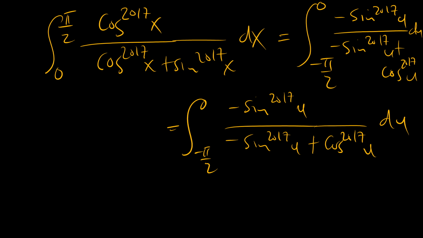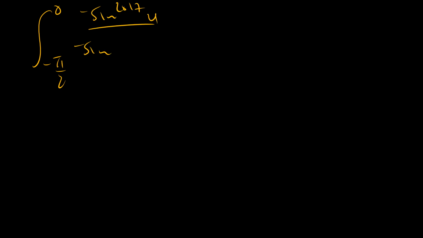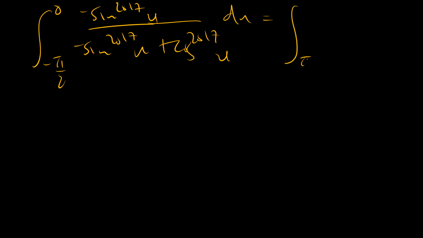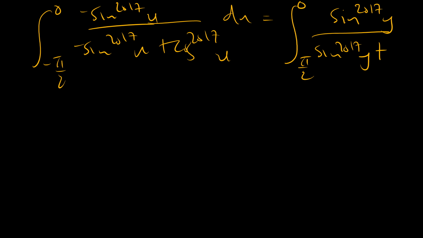Okay, so if we say u is equal to negative y, so du is equal to negative dy, then the negative sign propagates outwards, so we have positive sine of y over sine, plus, so the negatives go away, so we have cosine.